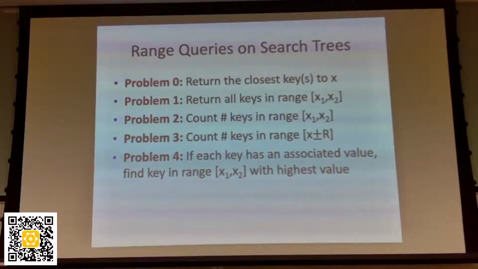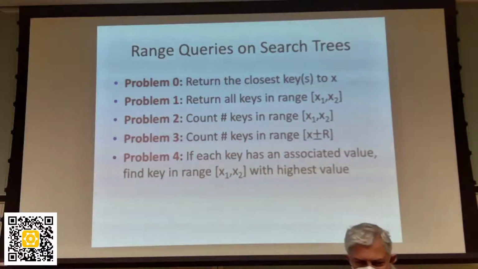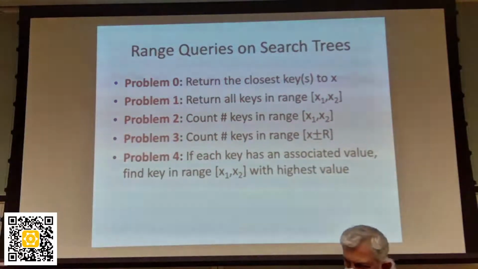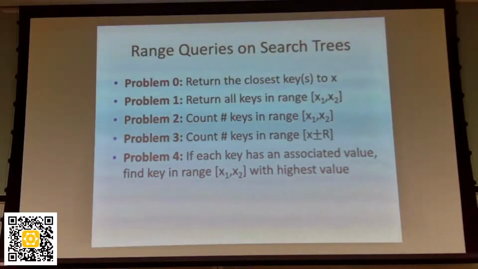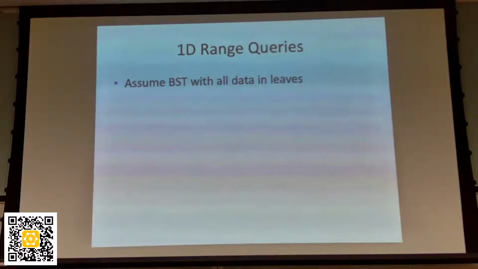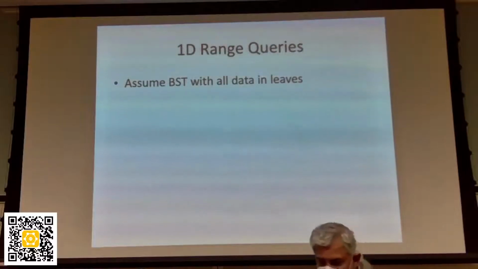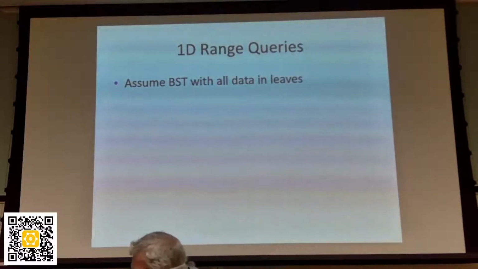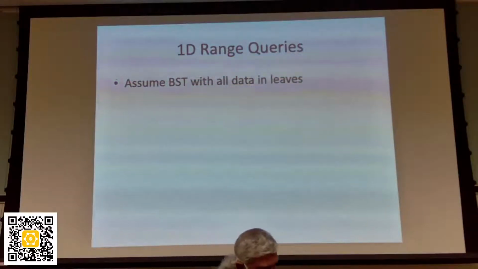Or instead of actual values, I give you a range and I say, find me the count of how many are between x minus r and x plus r. All right, so as I said, these are all range search problems. All of these involve working with binary search trees, but it's not that straightforward. It's not like you can just plug in a binary search tree and hope that it works out, okay?